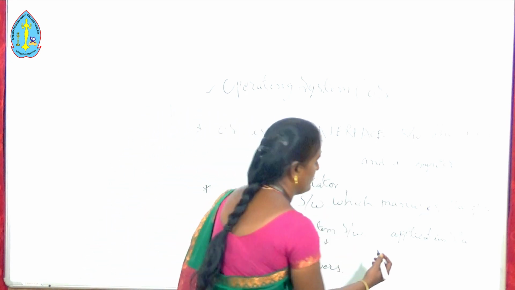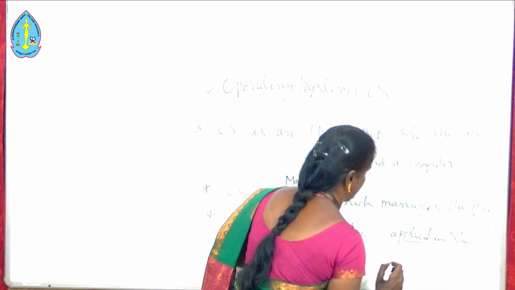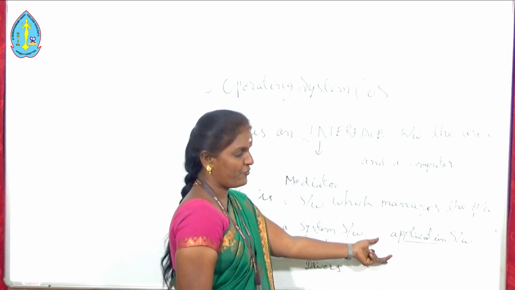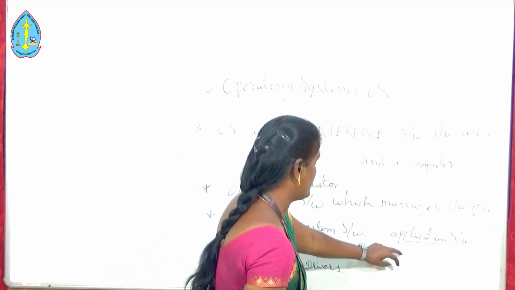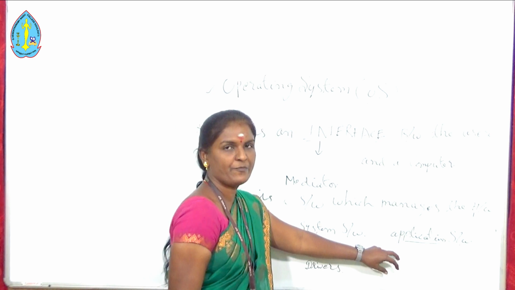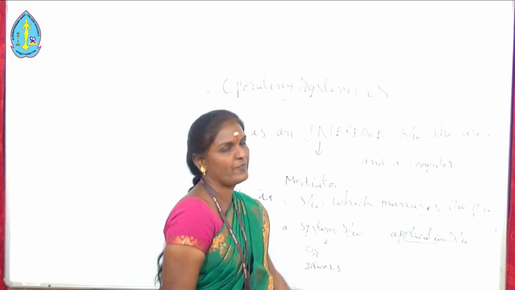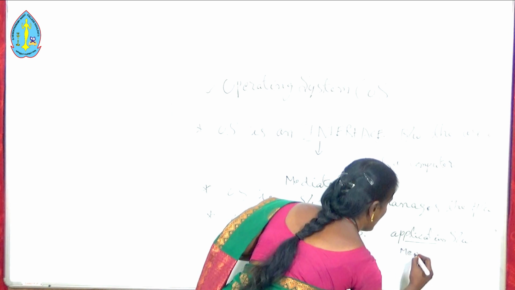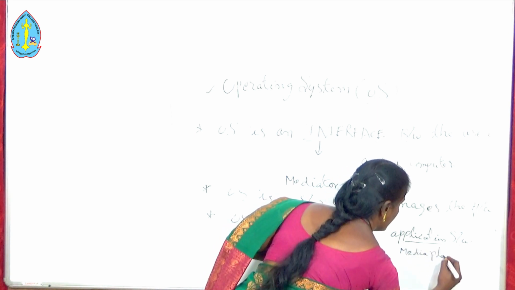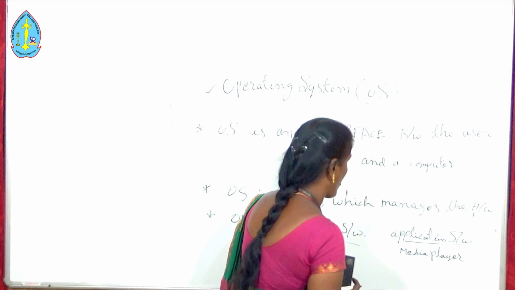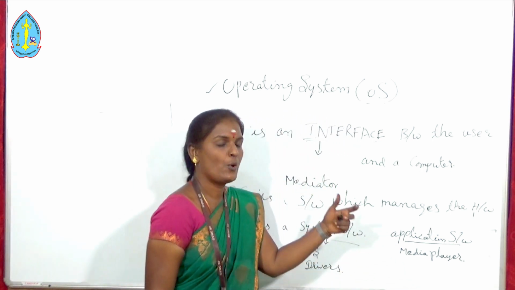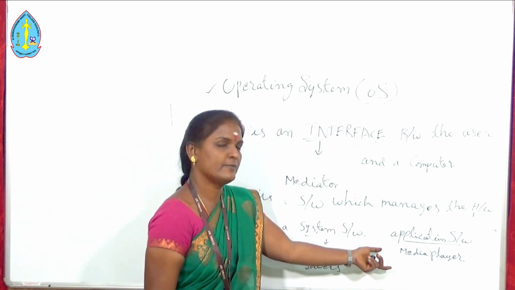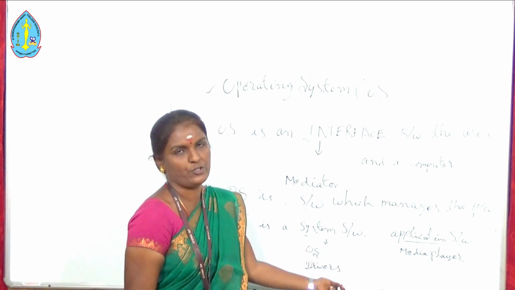Next we will see about the application software. These are the softwares which perform a specific task or some specific functionality. For example, we take media player. This software is used to play the media. Media means either audio or video.